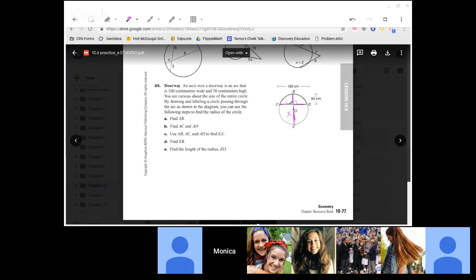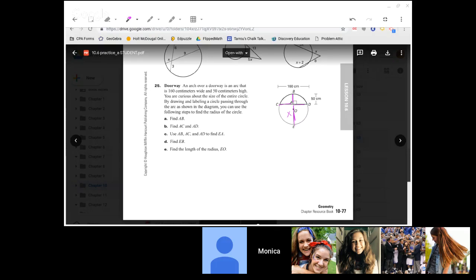Which part of it don't you understand, Lily? Okay, so the picture for 25 looks like numbers 1, 2, and 3, right? Flip over and look at the front of the worksheet. So how did we solve those?